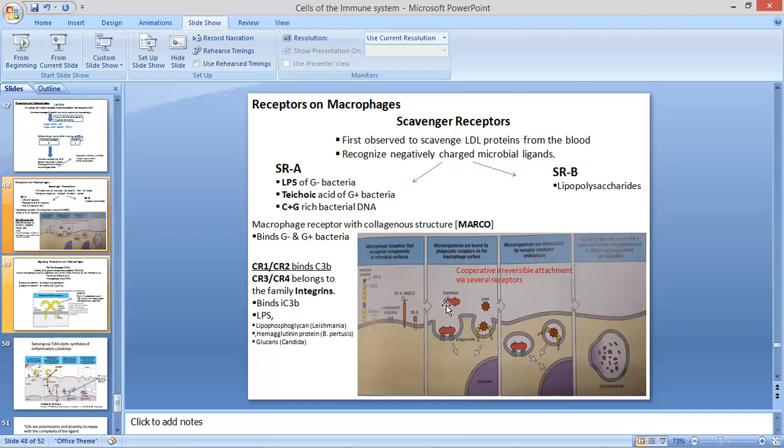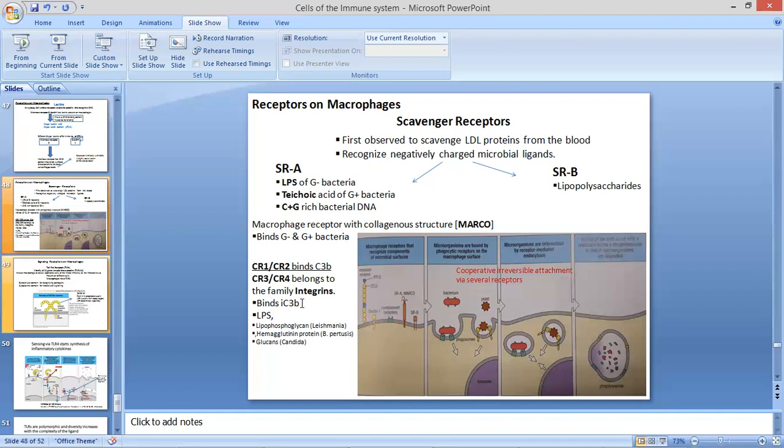So if the bacterium is labeled with C3b, it would be readily taken up by the phagocytes. This is called opsonization.